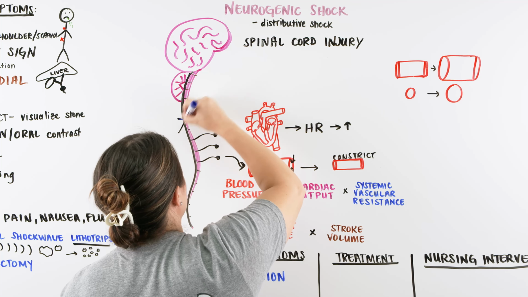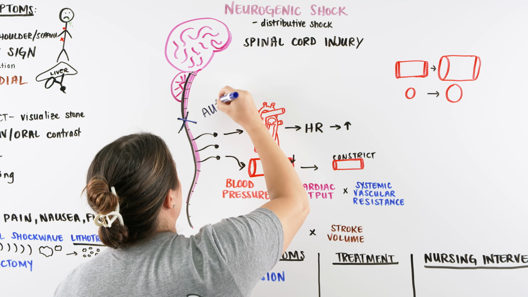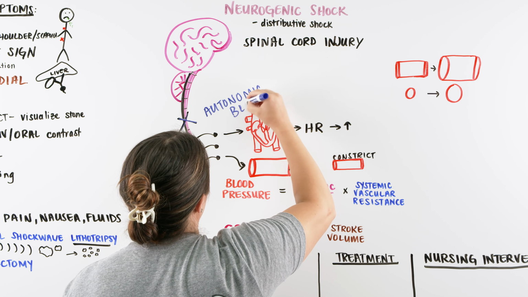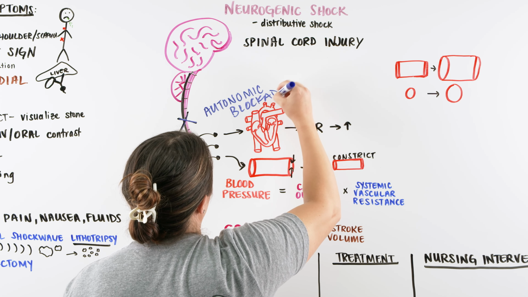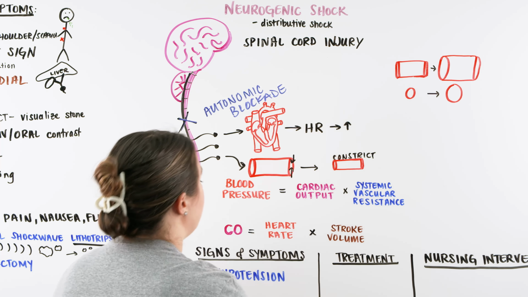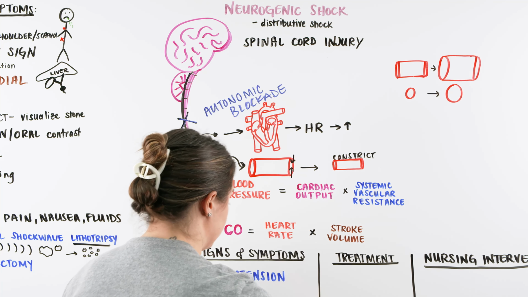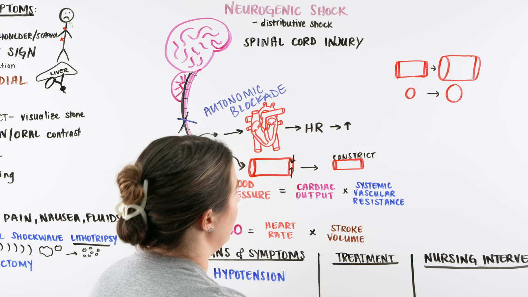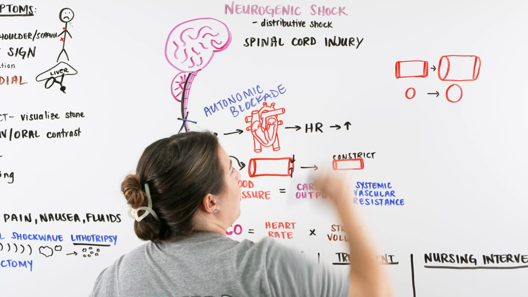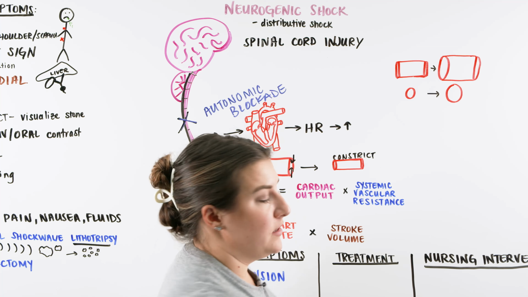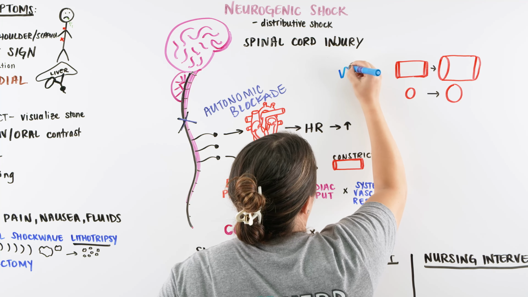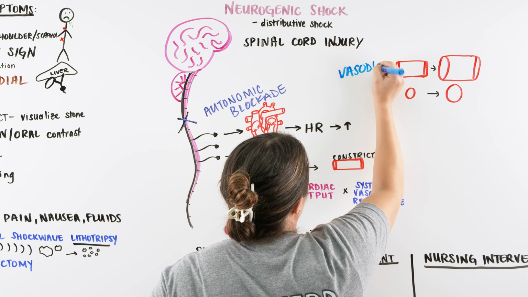So when this occurs, we now have an autonomic blockade, meaning we are going to now block that process within our body. And when we block that process, now we have an issue where our vessels are not going to be constricting. So instead of vasoconstriction, we have vasodilation.